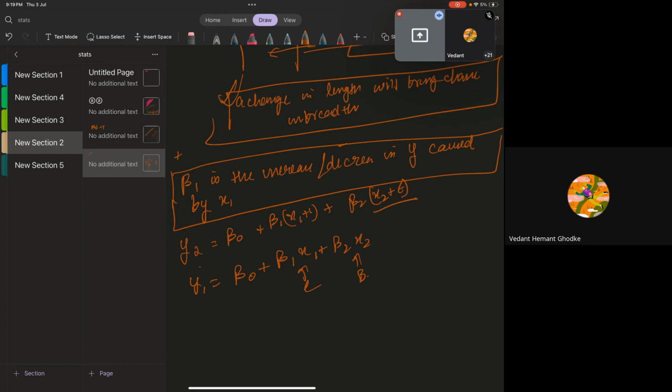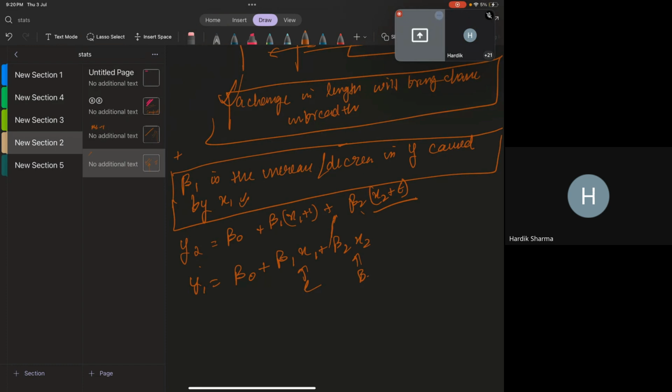And hence your interpretation that beta 1 is the increase or decrease in y caused by a 1 unit increase in x1 fails. Your model interpretability is lost, because if you subtract these two, this is not what the case will be, right?